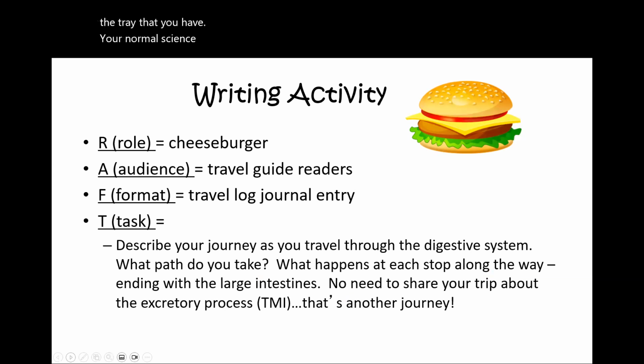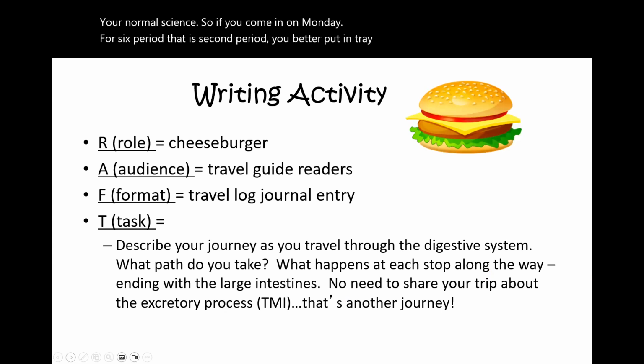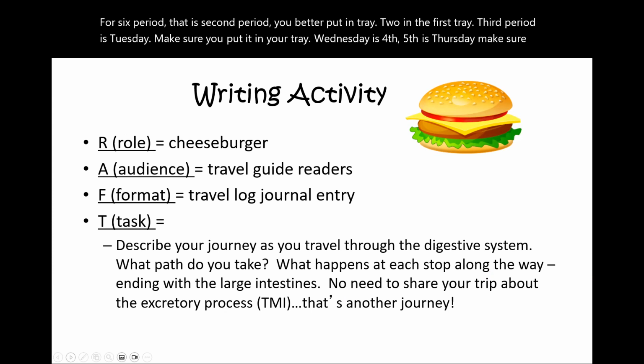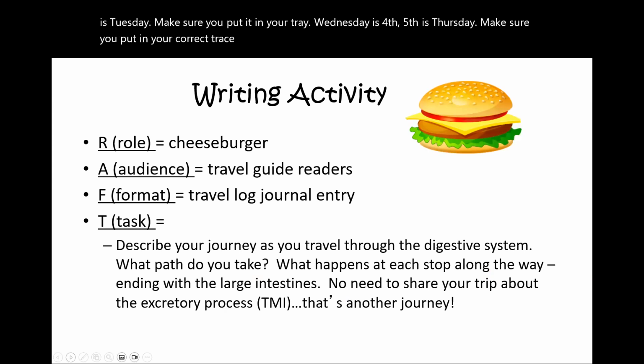So if you come in on Monday for sixth period, that is second period, you better put it in tray two, in the first tray. Third period is Tuesday. Make sure you put it in your tray. Wednesday is fourth. Fifth is Thursday. Make sure you put it in your correct trays so that they can be graded.